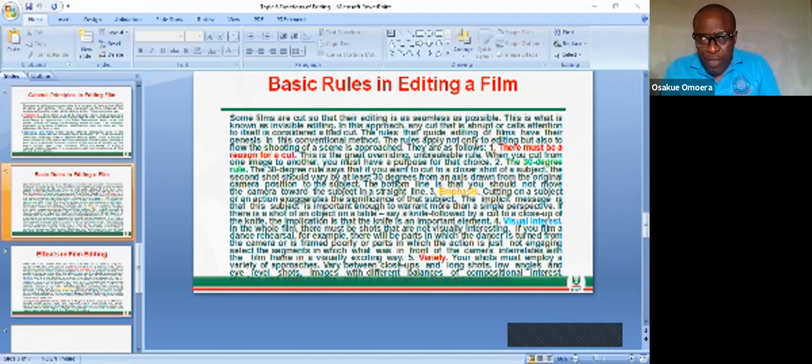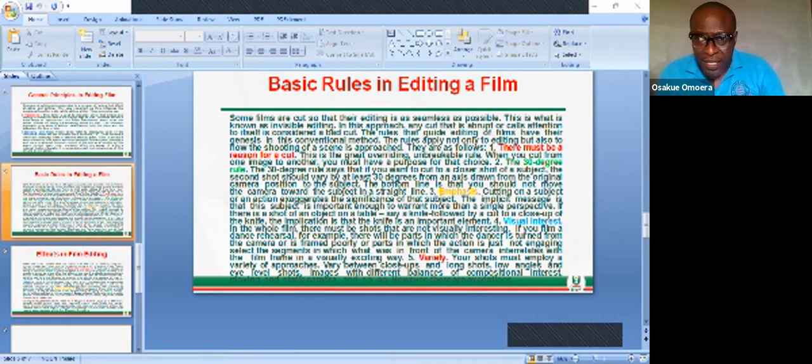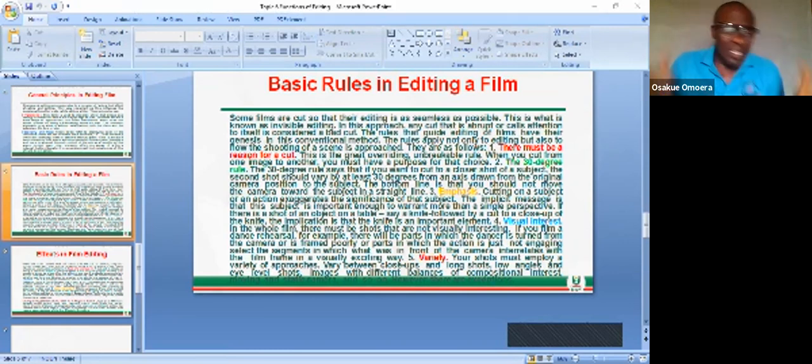If you film a dance rehearsal, for example, there will be parts in which the dancer is turned from the camera or is framed poorly, or parts in which the action is just not engaging. It now behoves you to select the segments in which what was in front of the camera interrelates with the film frame in a visually exciting way. You don't want to take shots that will bore your audience.